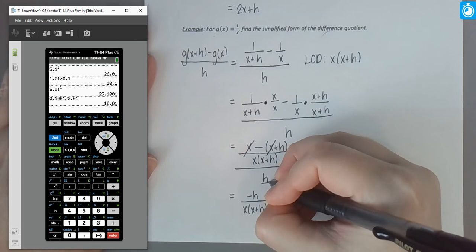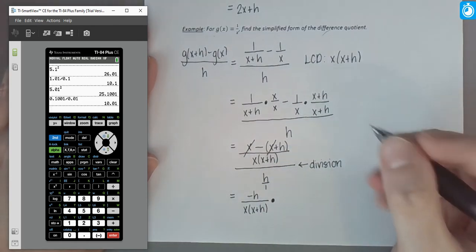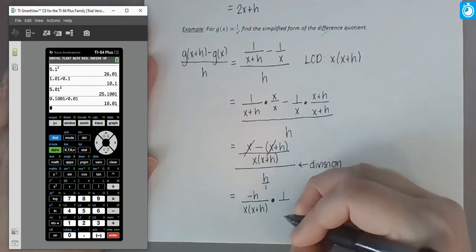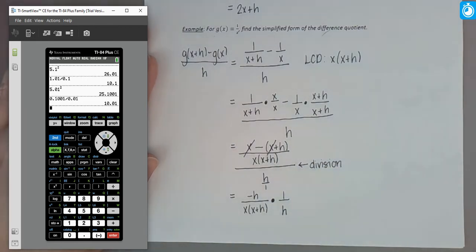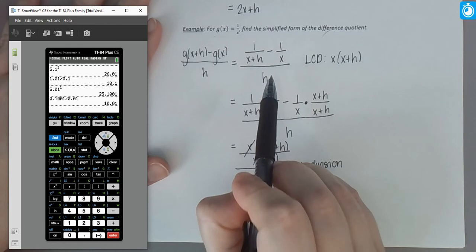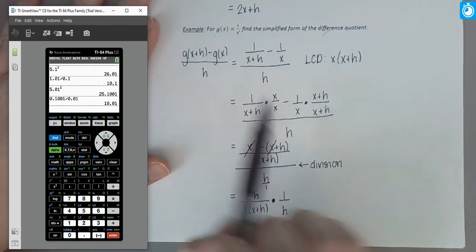Now h, you can think of that as h over 1, so if you take its reciprocal, that is going to be 1 over h. And that now at least gets rid of that complex fraction, but it does something else as well. What was the goal that we had for the last one? It's the same goal for all of these problems. The goal is to be able to eliminate that h in the denominator. So let's trace it.